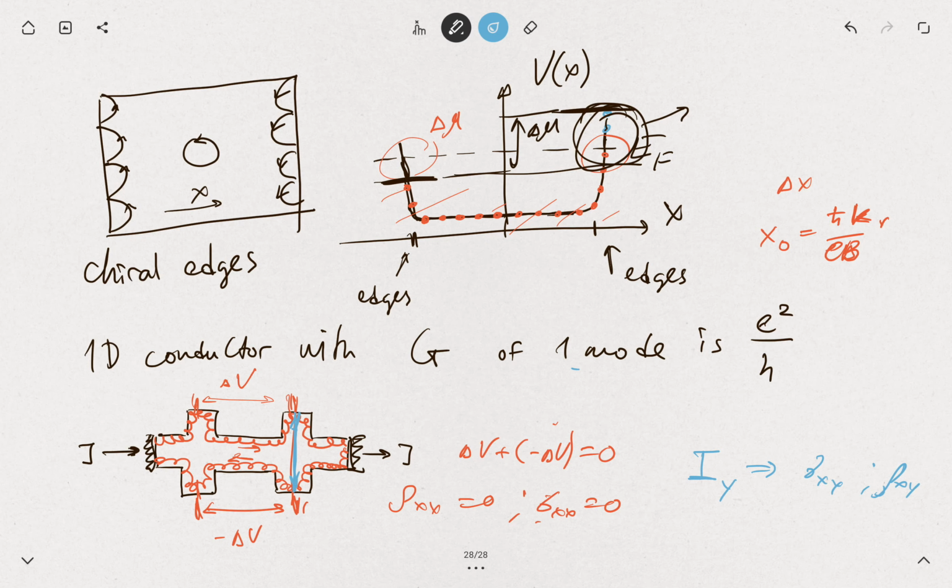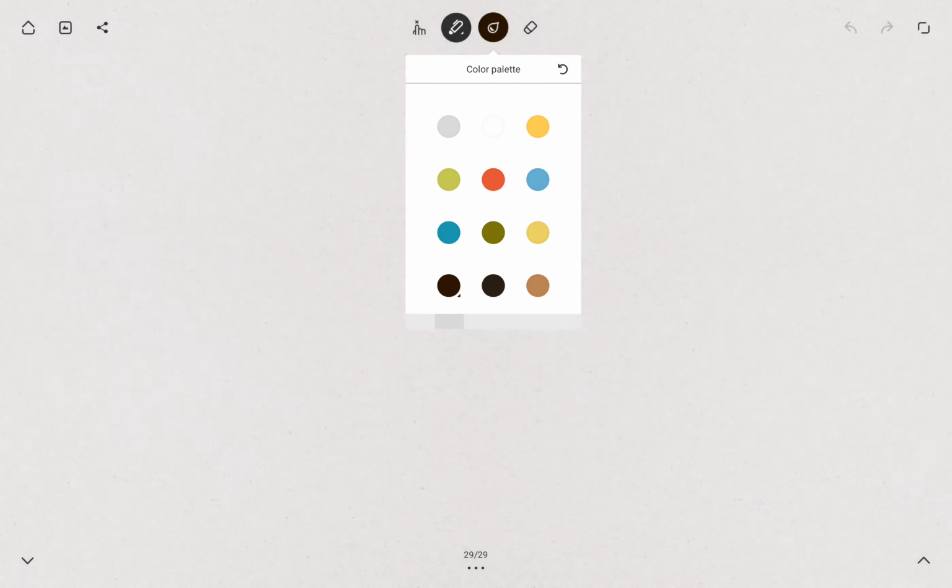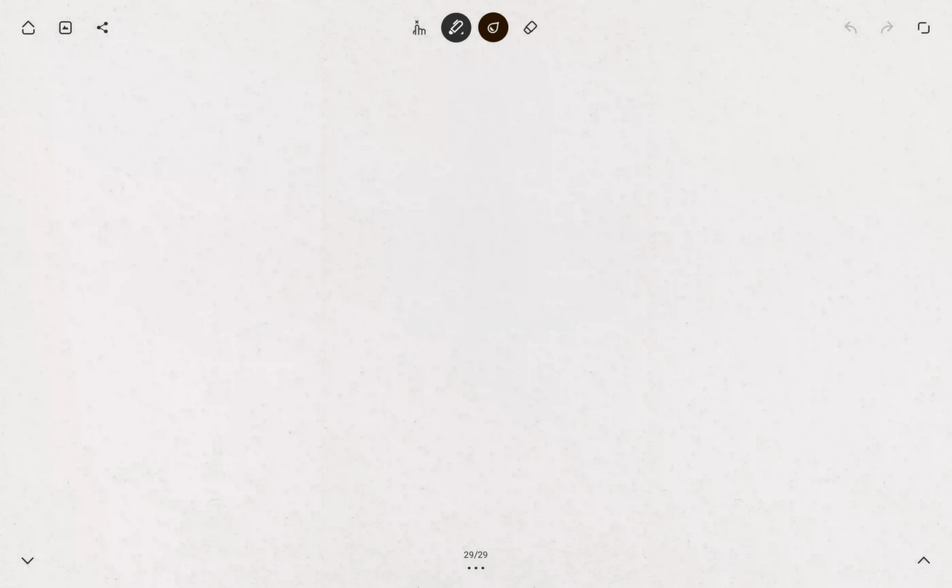And to calculate the current, we can use the Drude model in combination with the Landau levels, with the states coming from the Landau levels. The way to do it: the current is the carrier density times the electron charge times the drift velocity.